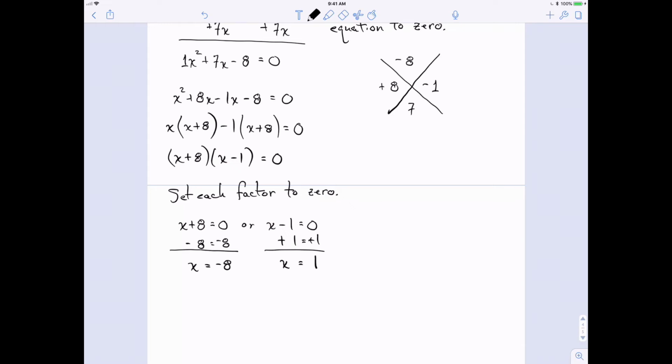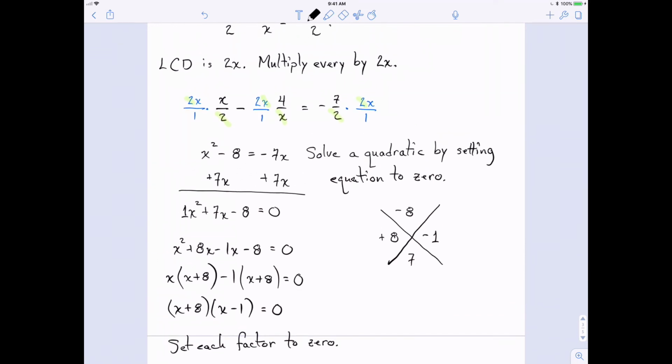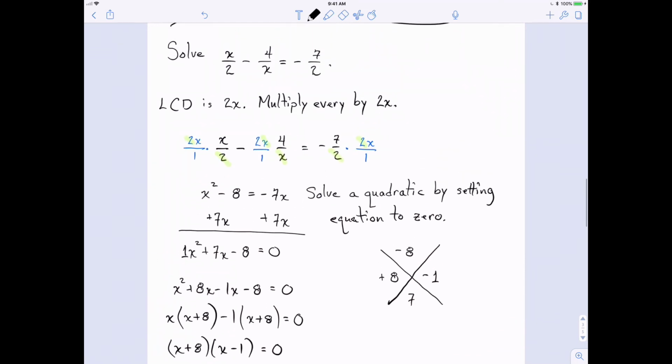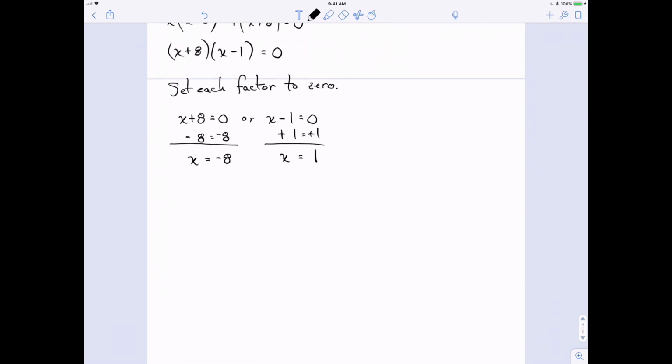Now, remember, we need to check the domain of our equation. The only problem in our equation is if x is 0. So let's make a note of that, so that our domain is the set of all x such that x does not equal 0.